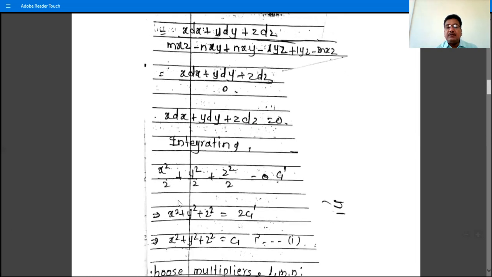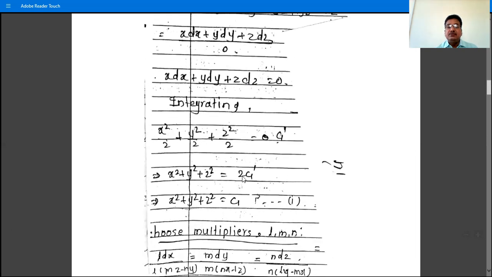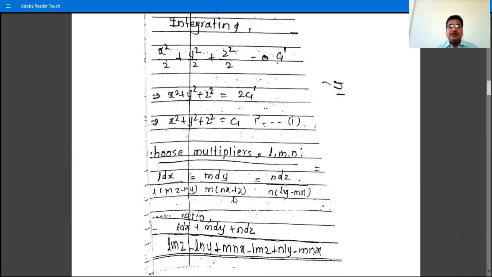After integration, we have this, and multiplying by 2, C1 dash is suppose C1. So this is the first solution of the given differential equation.